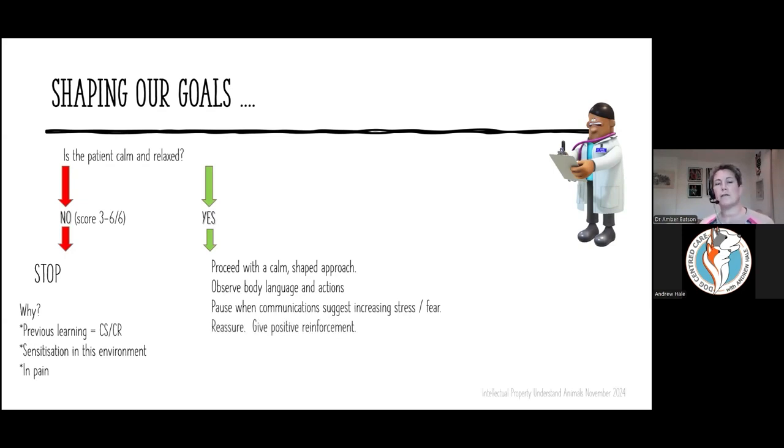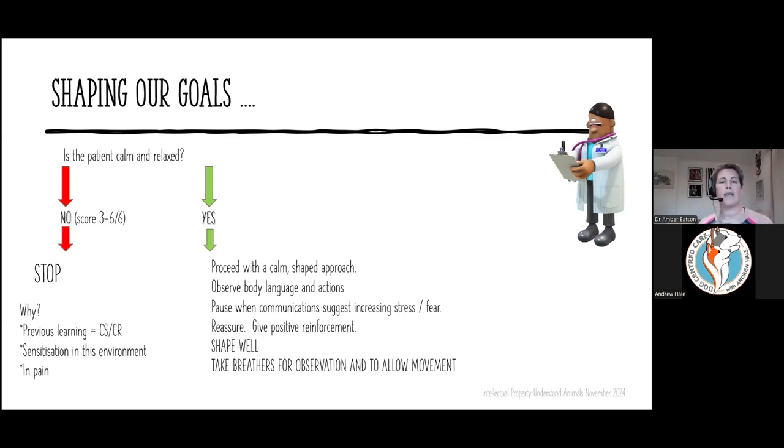Use reassurance, verbal, physical, benefit from having that human caregiver present, give positive reinforcement, give something nice. And if we do that and we take those breathers for observation and allow the dog to sometimes make movement, things will almost always go much better.